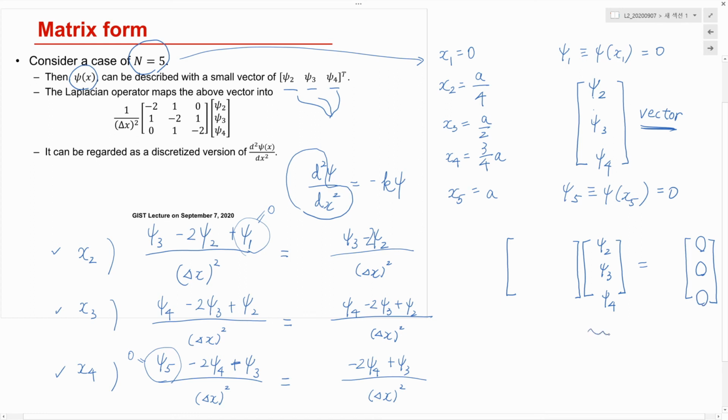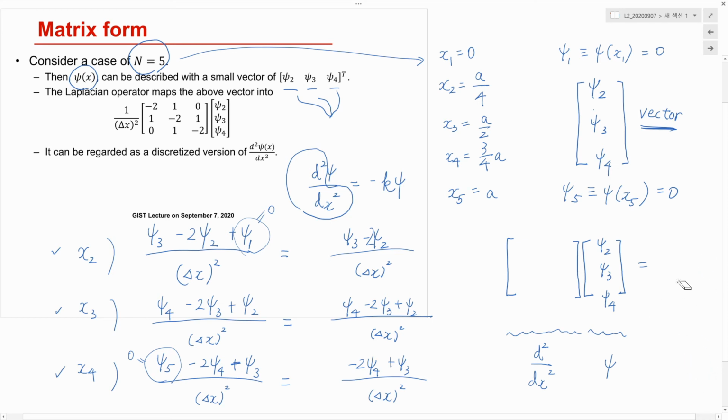So this is corresponding to our psi, and this is corresponding to our second order derivatives, and in the case of an eigenvalue problem, this one happens to be minus k squared and psi.